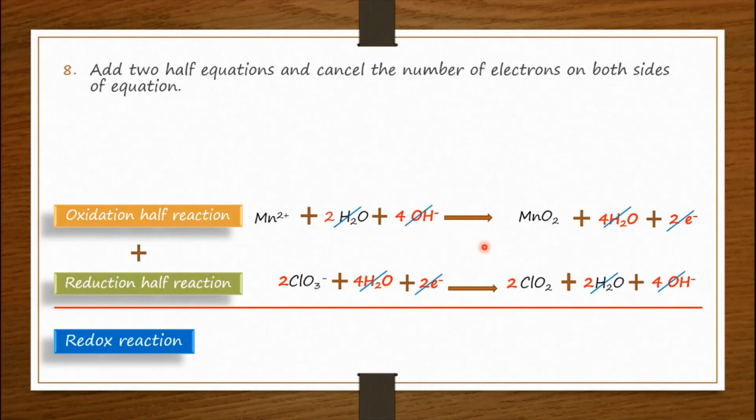Here 4 OH minus and 4 OH minus also get cancelled out, and you will get Mn2 plus, 2ClO3 minus gives MnO2 plus 2ClO2. This is the balanced redox reaction. So in this way you can balance the redox reaction by the ion electron method in basic medium.